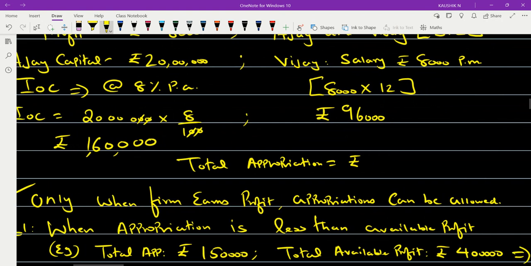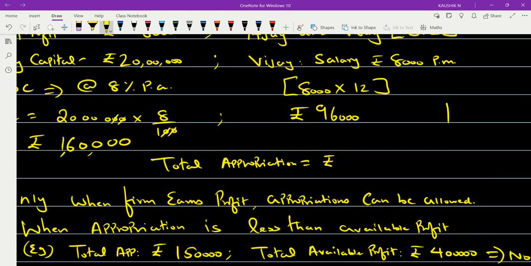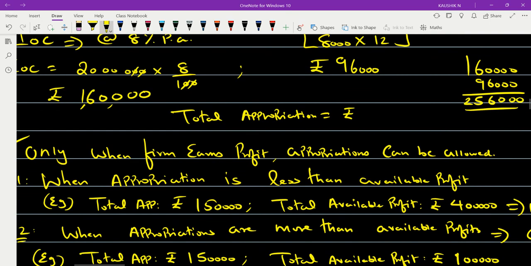When you add these two, how much will you get? 1 lakh 60 plus 96 gives 2 lakh 56.